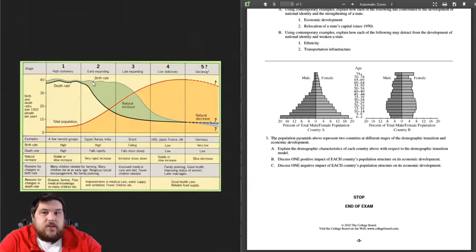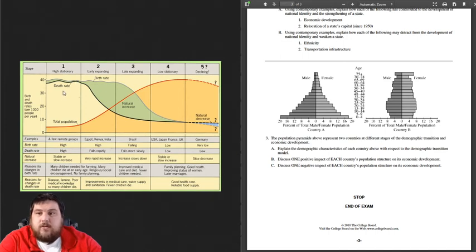So looking at these stages and comparing them to this population pyramid. If we're looking at this one with large amounts of young people and very few elderly, you could say this is a high birth rate, but also a relatively high death rate. So that would put it in stages 1 or 2.